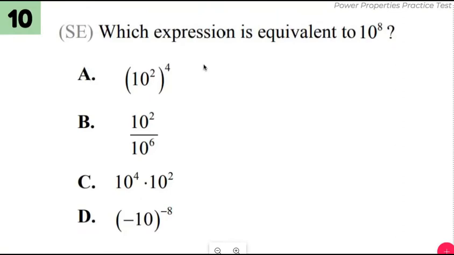Number 10, we're starting to ask which expression is equivalent. Honestly, your best bet is to go through each option and simplify and see which one matches up. This is a power to a power, so we multiply our exponents.